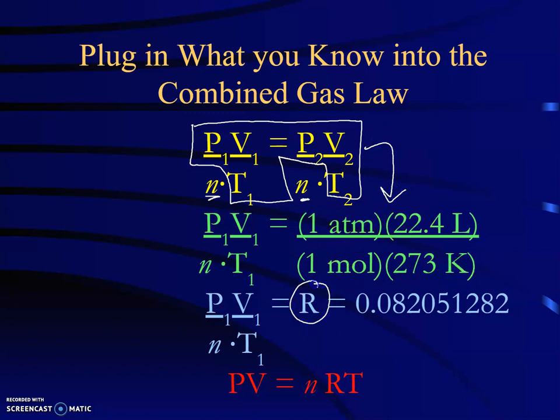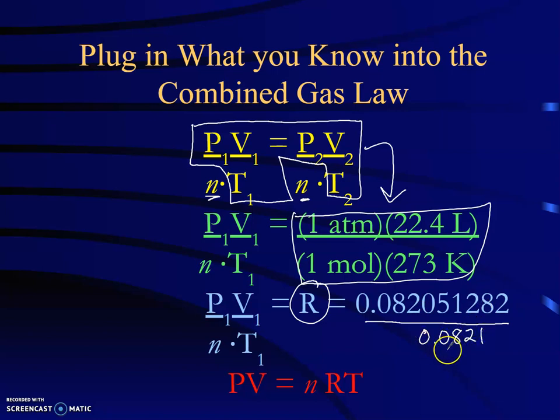Okay, here's our gas law constant R. That's going to represent this side. This is what we get in our calculator, which is then rounded to 0.0821 as our value with 3 sig figs.